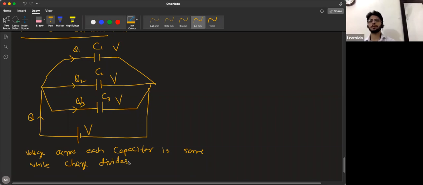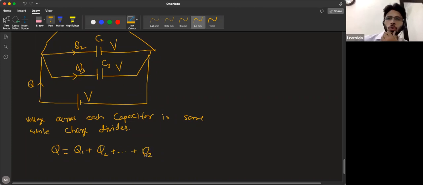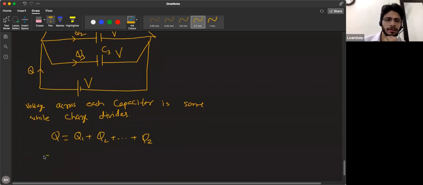So you can say that Q will be Q1 plus Q2 up to Qn. Q you can write as C equivalent into V.